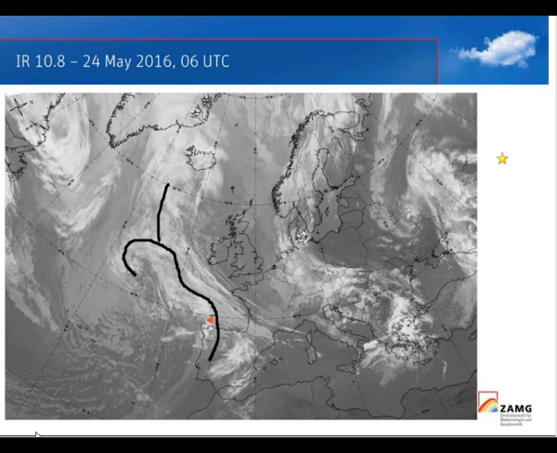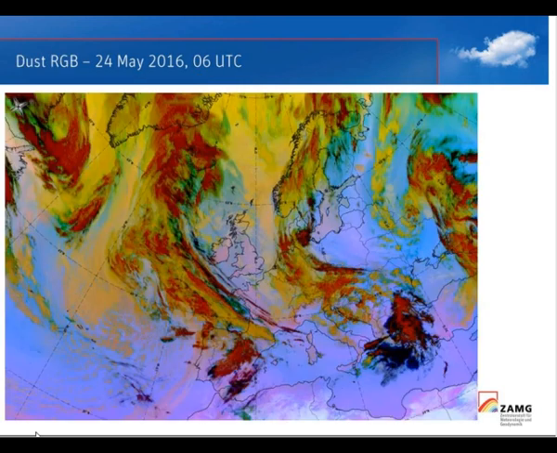So what I suggest to use at 6 UTC in the morning is the dust RGB, or at least I'm doing it now. And please don't be misled by the name dust RGB, because I think this RGB is so much more powerful than just for monitoring dust or for seeing dust.